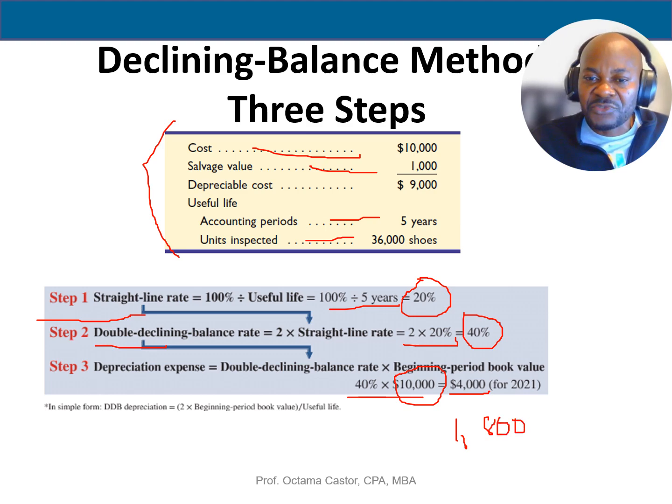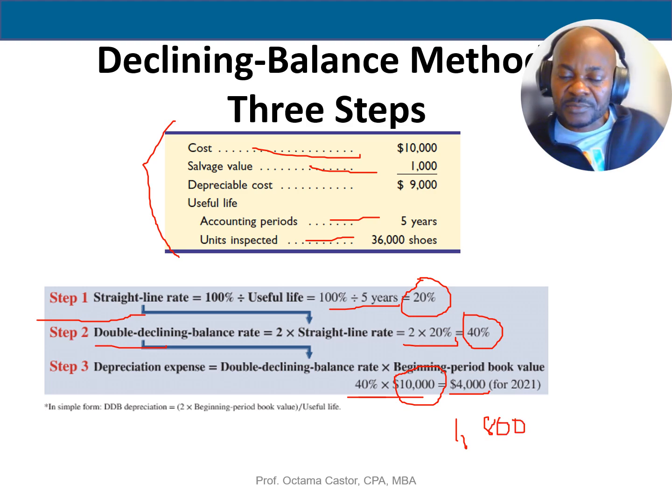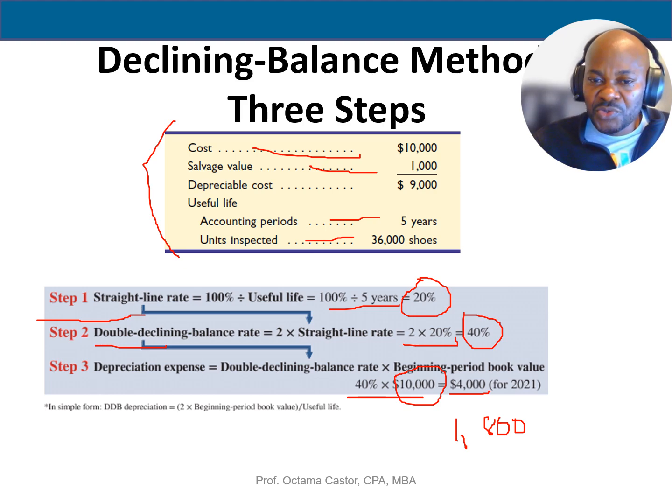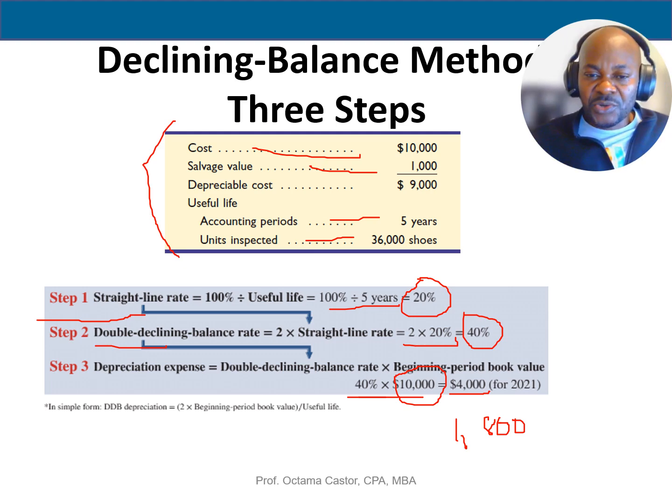This one is 4,000. So what will happen? The next year, when you depreciate, you'll get a much smaller depreciation amount. This double declining gives you a higher depreciation expense at the beginning, but towards the end of using the asset, you get a much smaller depreciation amount.